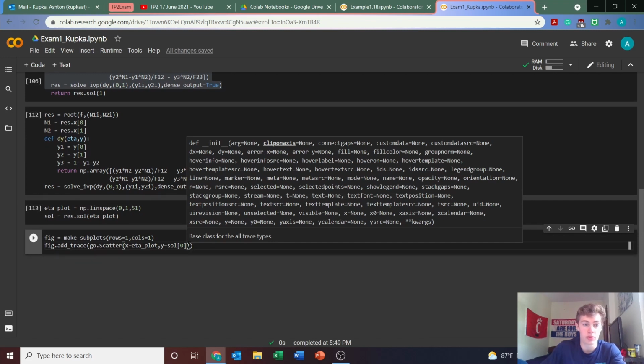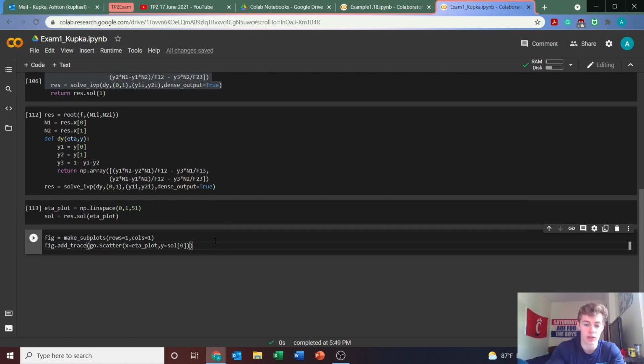So it's going to take the first component in the array for those 50 data points. And then we're going to call this name equals acetone.